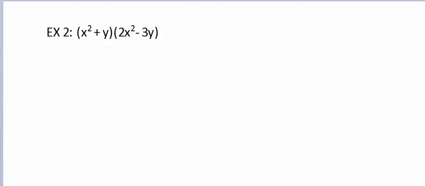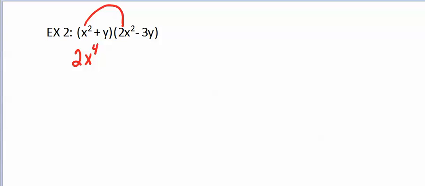If you look in example 2, we have two binomials. Now you may be familiar with the term FOIL, which is first, outer, inner, last, and it's very helpful when you're multiplying two binomials. You take the first terms, multiply them together, so I would get 2x to the 4th, again because we're adding those exponents.